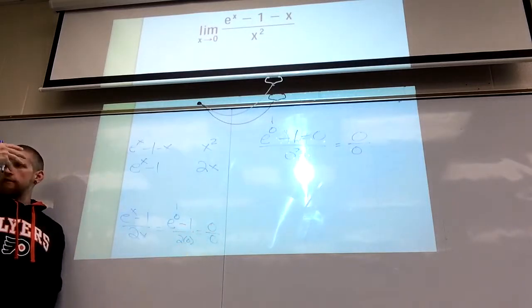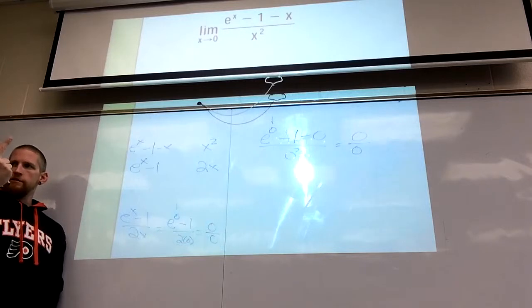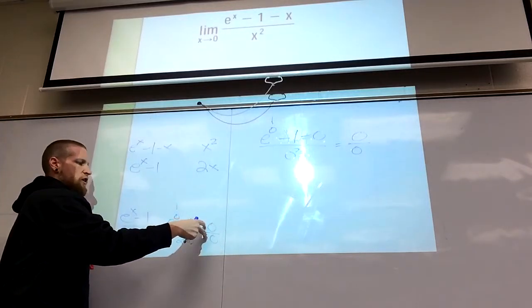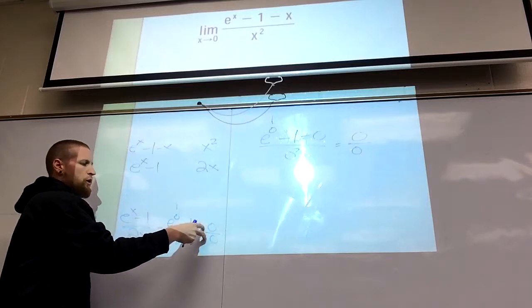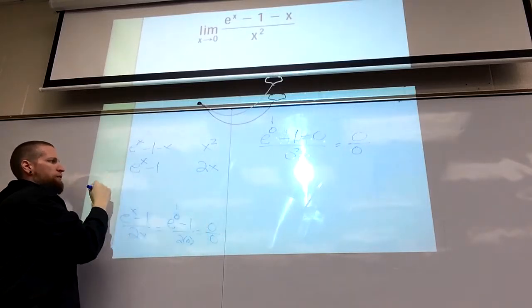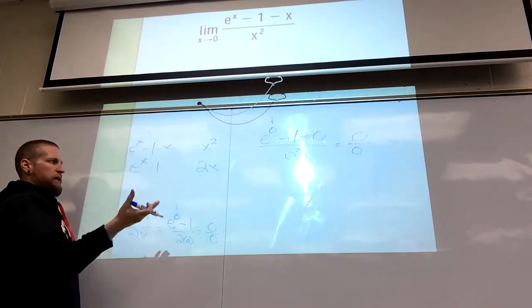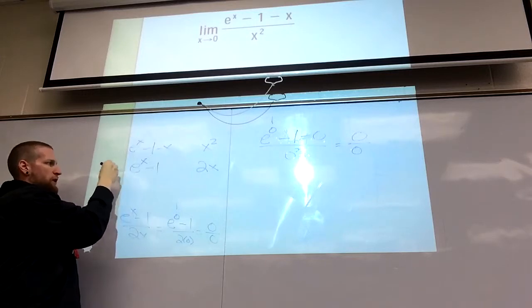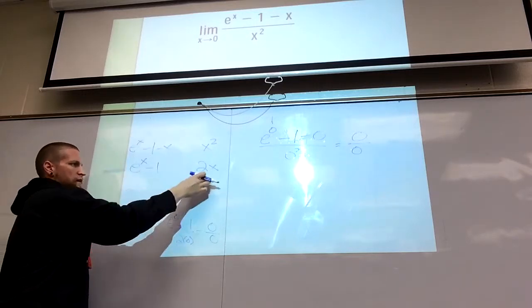So I've applied the rule once, but after I applied it, I still got something that was 0 over 0. If I get to this point, that's just going to tell me to come back up here, where I left off, and apply the rule again. So now I'm going to where I stopped, that one derivative, and I'm applying the derivative again.